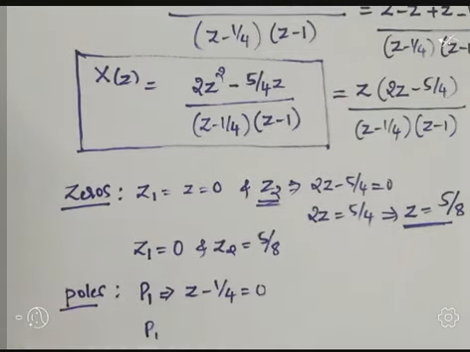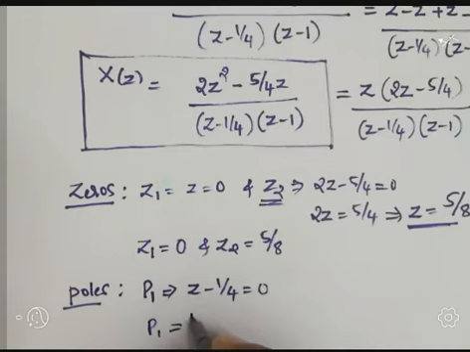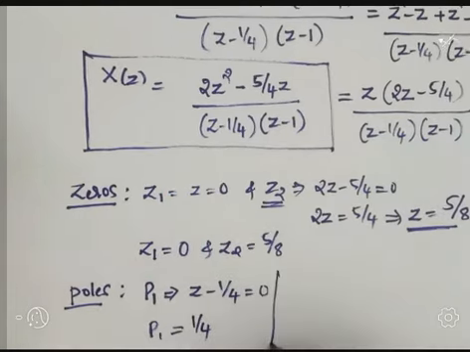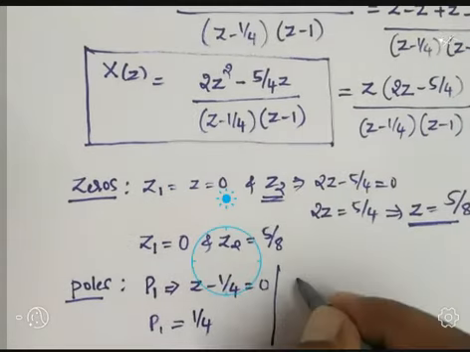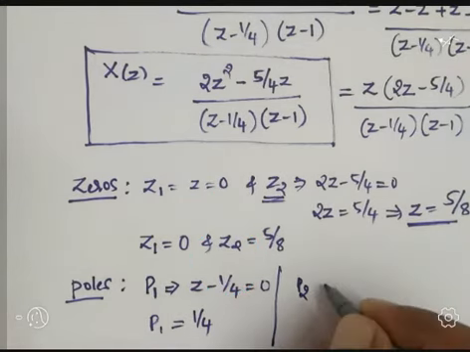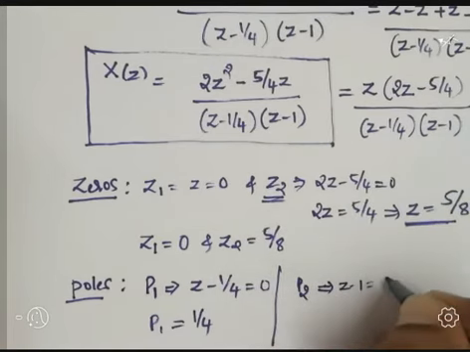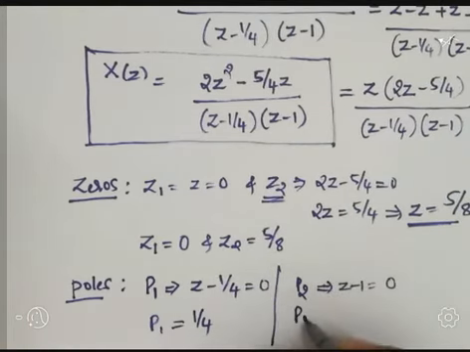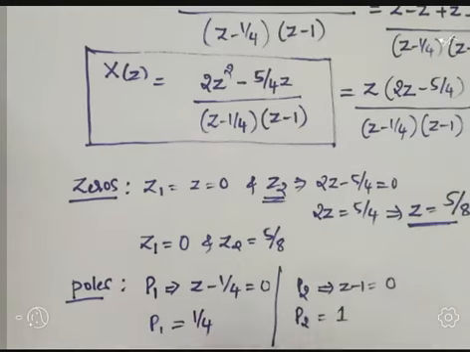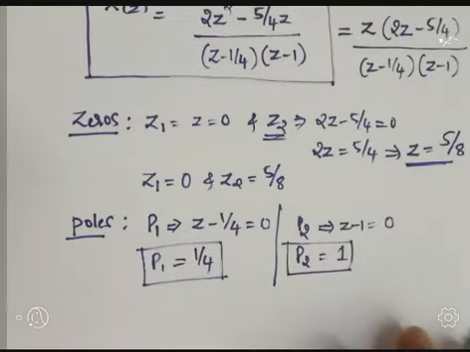Okay, next p1 equal to, we got 1 by 4. Next go for second calculation of pole, p2 equal to, equating the second one, that is z minus 1 equal to 0, hence p2 equal to 1. So we have two poles, one is at 1 by 4 and another one is at 1.